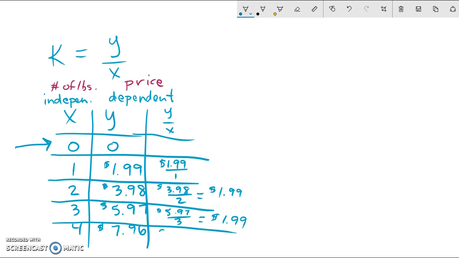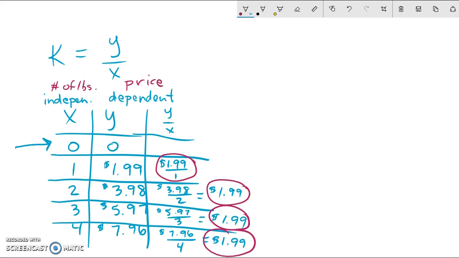And finally, in my last row of my table, if I take my y to x ratio, $7.96 divided by 4 also breaks down to $1.99. So you can see here that I have a very constant theme in my table, which is it breaks down to my unit rate, which is $1.99 a pound. And that's exactly what I want it to do to prove that this is a proportional relationship. And that's what enables me to have that straight line on my graph.